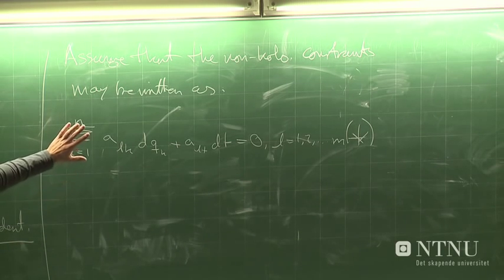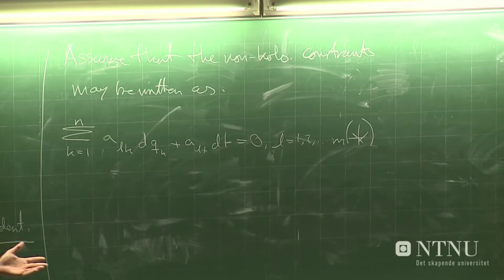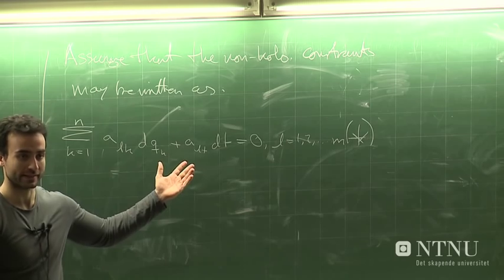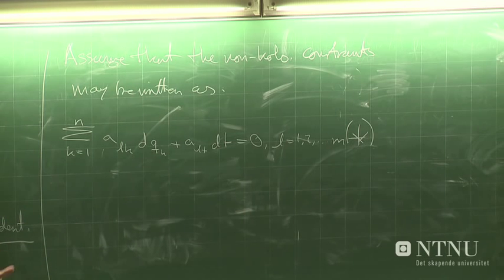So this is also a possible non-holonomic constraint. At first sight, it might look a bit artificial or tailored. Do we ever have a system where this is actually the constraint? Well, we're going to see that it's quite general actually in just a little while.